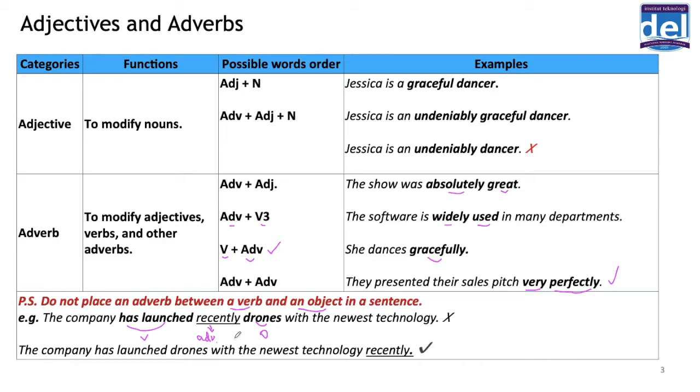The adverb is placed between the verb and the object, and it is incorrect. So if you see a sentence like this in the TOEFL test, then you know what is wrong. You may want to move it to the very last of the sentence, like here, or you probably want to move it to the very beginning.